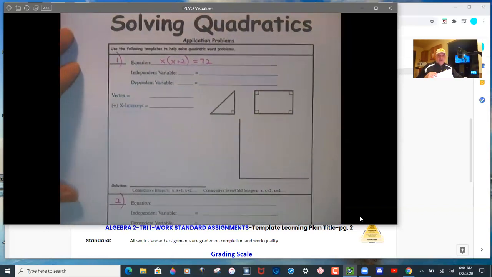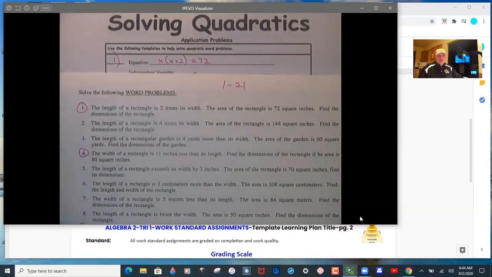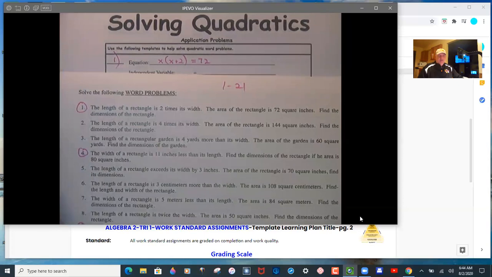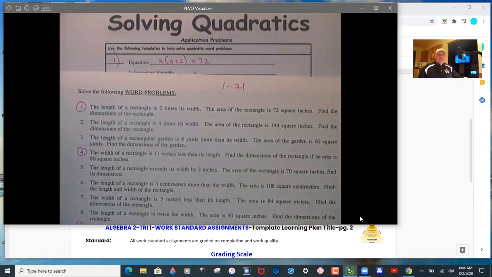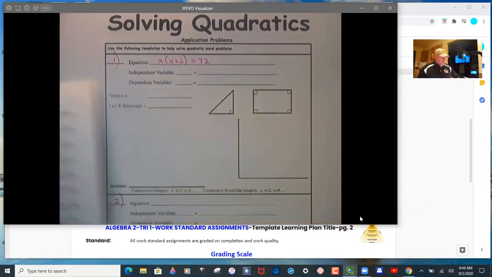You can use this template paper. It is on the learning plan. You can print it out or just use notebook paper. But at any rate, you need to show me the quadratic and then your work to solve it. This template paper has the equation of what the independent and dependent variables stand for, a rectangle diagram, a possible graph that you might have to draw, and a triangle diagram, which we won't use.